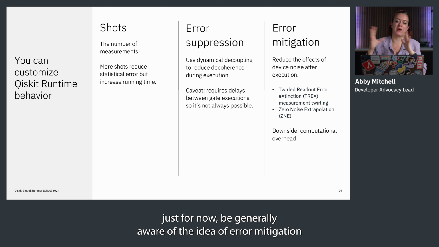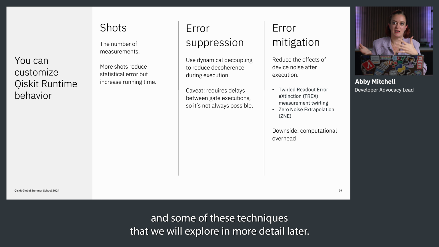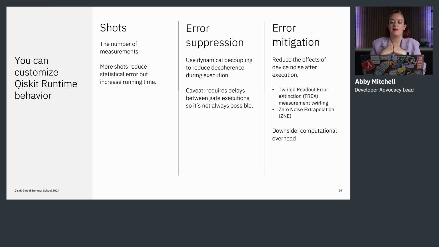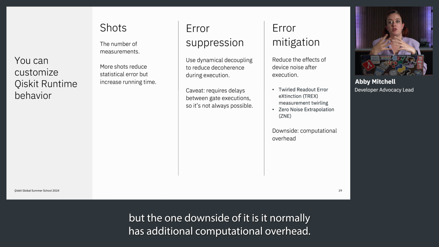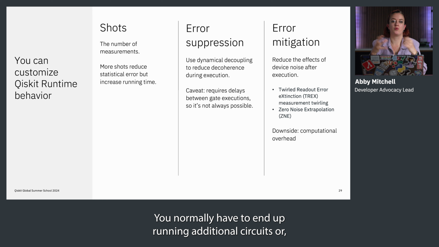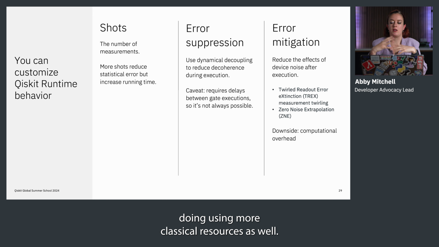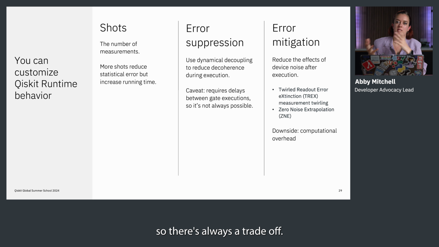Just for now, be generally aware of the idea of error mitigation and some of these techniques that we will explore in more detail later. Error mitigation is a great technique, but the one downside of it is it normally has additional computational overhead. You normally have to end up running additional circuits or using more classical resources as well. So there's always a trade-off.